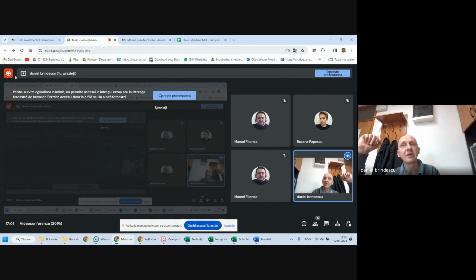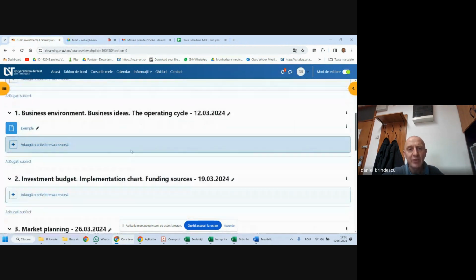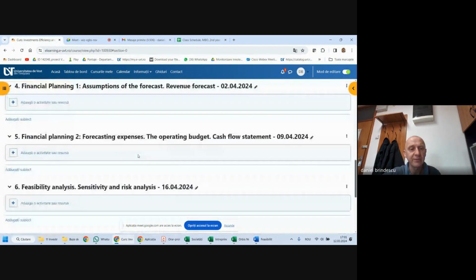You will see that will represent another 30% of your grade, and the last 40% will be represented by the form and the presentation of your final feasibility study. So this is at least how I see us organizing our activity. I posted these subjects and I planned them on dates here on the platform. You can find them.